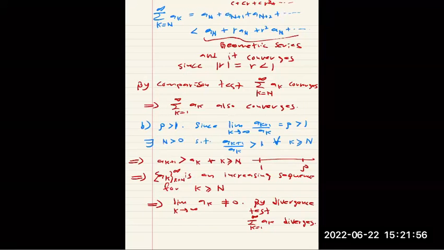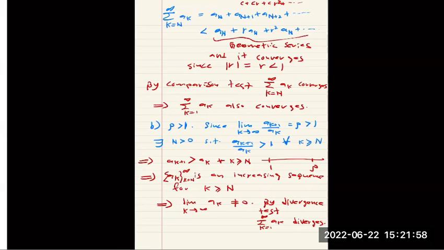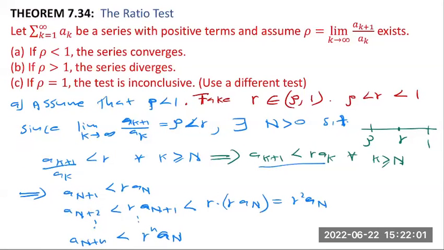Okay, now let's prove the last part. To prove the last part, we want to show that if rho is equal to 1, then the test is inconclusive. Or in other words, to show that in this case the test is inconclusive, we need to find an example where the series converges with this limit, and an example where the series diverges when rho is equal to 1.